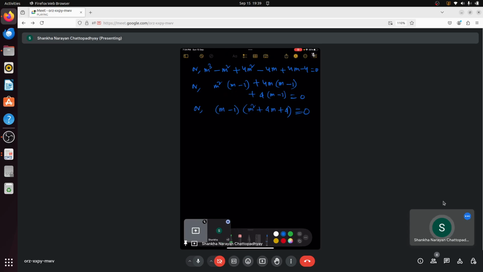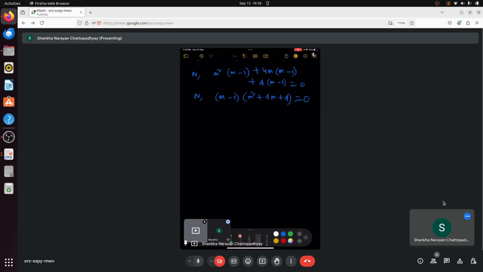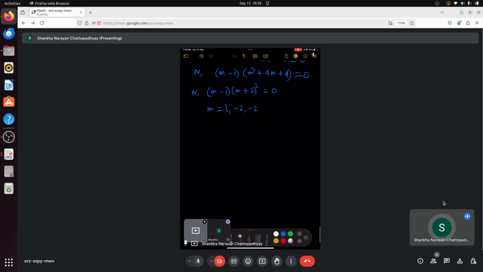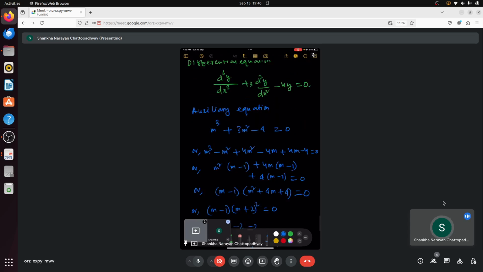So this is your problem. So your roots are 1, minus 2 and minus 2. So you have these two repeated. So what will be your solution?